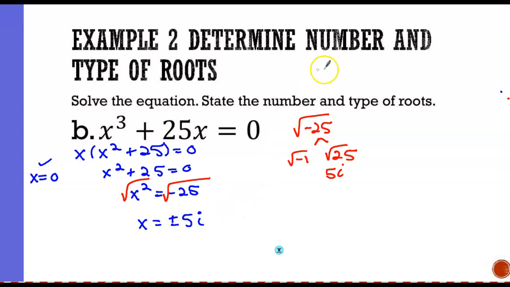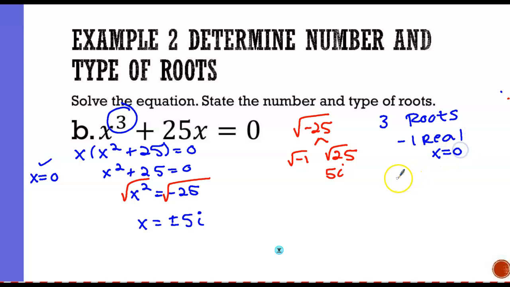From the beginning, it says state the number of roots. There are technically 3 roots. It just so happens that only one of them is real. That x equals 0 is the real one. And then there are 2 imaginary, those being positive 5i and negative 5i.